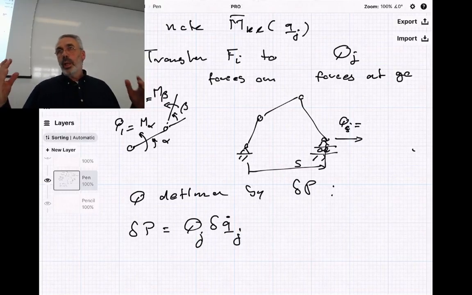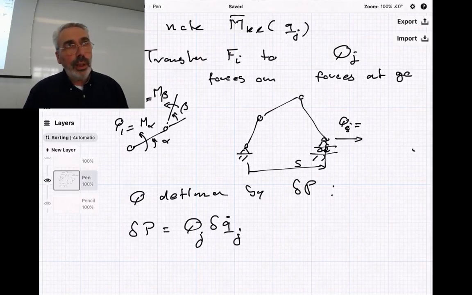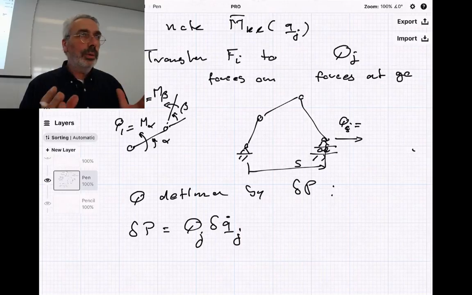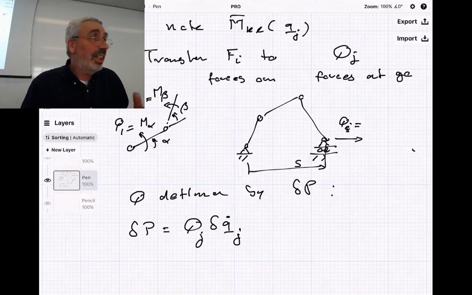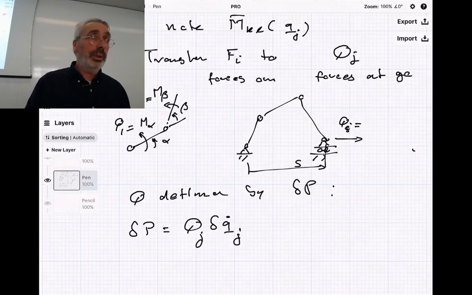So the generalized force is always a force which goes in harmony with the generalized coordinate. Now, for simple things like relative displacements or rotations, it's easy to picture. But the moment you use as a generalized coordinate the sum of angles, then how can you interpret that generalized force physically? Well, the only way to interpret that is from the equations.